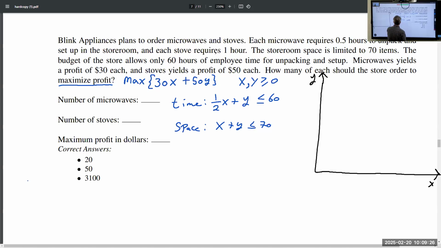So for this, it looks like X equals 70, Y equals 70. And here it looks like X equals 60 divided by a half. So that's actually 2 times 60. You would also have Y equals 60.